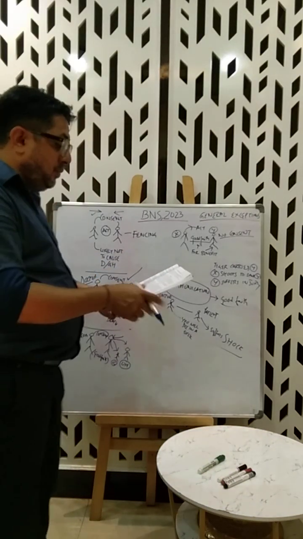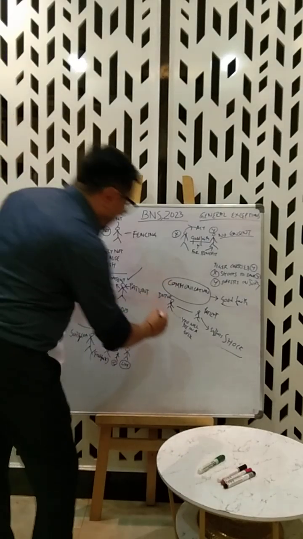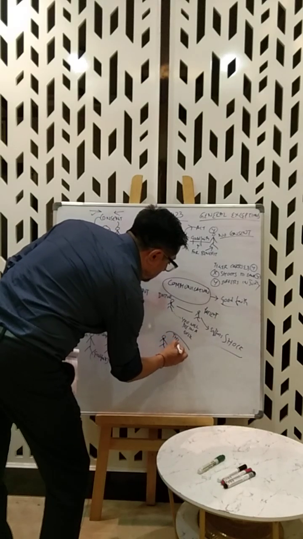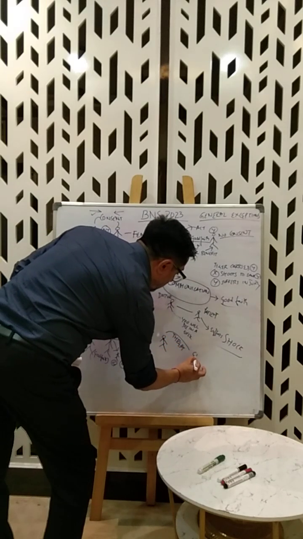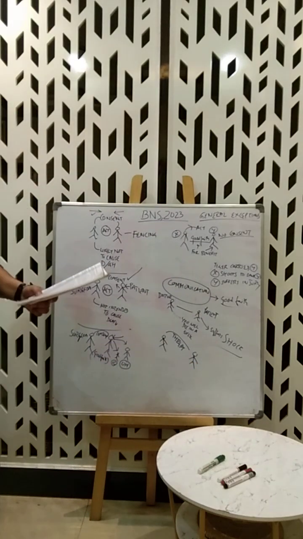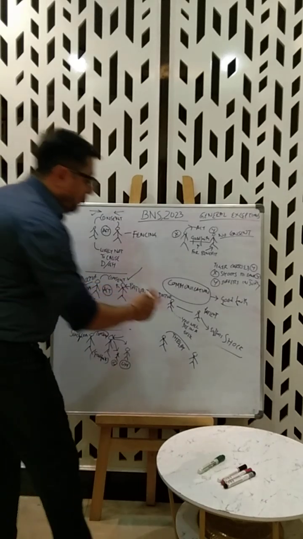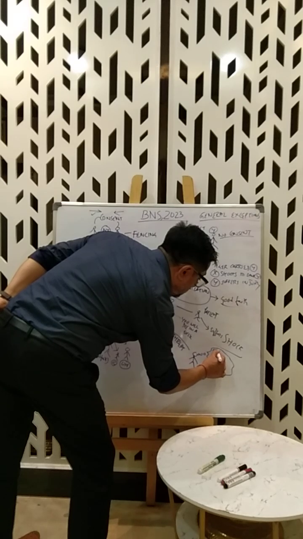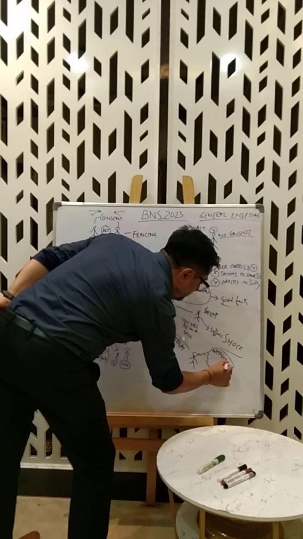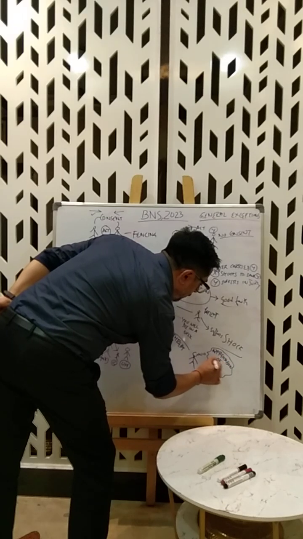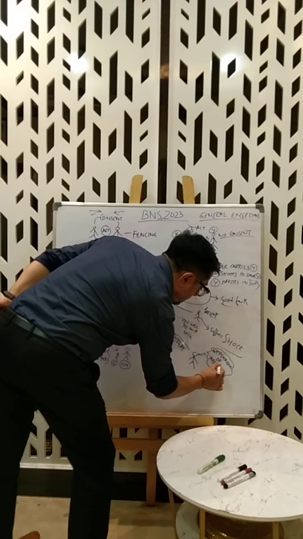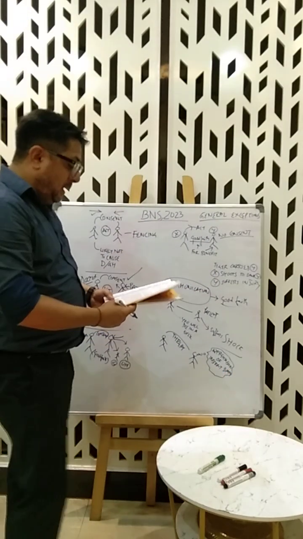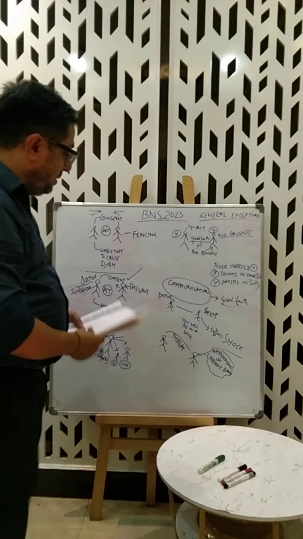Alright? Then we have, if a fellow gives a threat to another fellow and the threat is such that after the threat, he has the apprehension of instant death.